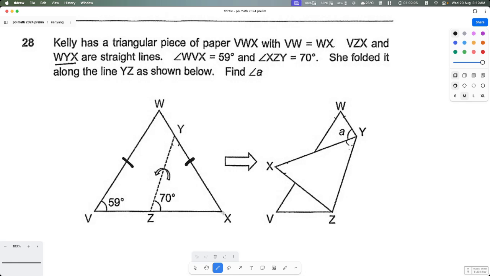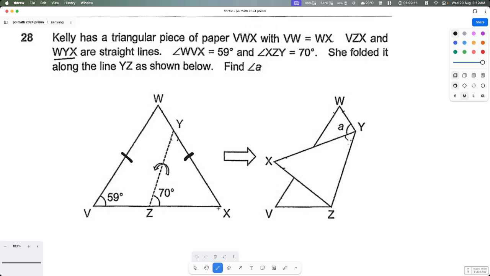VZX and WYX is a straight line. Angle WVX is 59 degrees and angle XYZ is 70 degrees. She folded it along the line YZ. Find angle A over here.